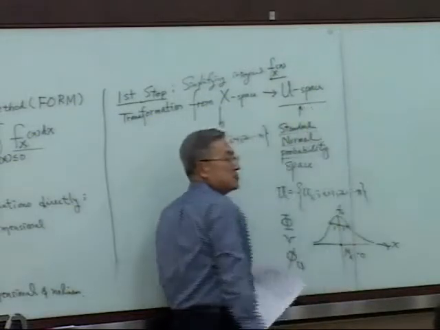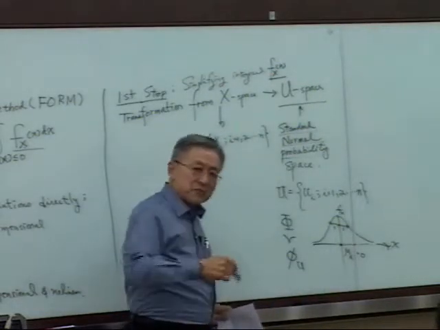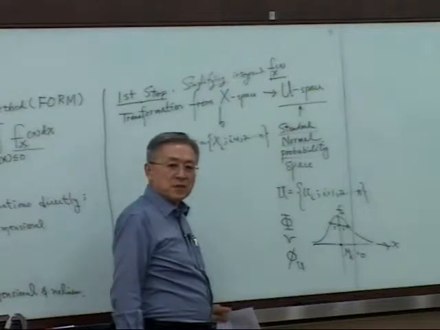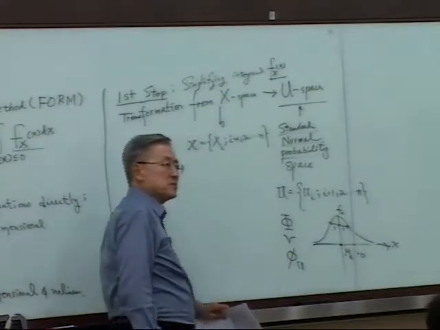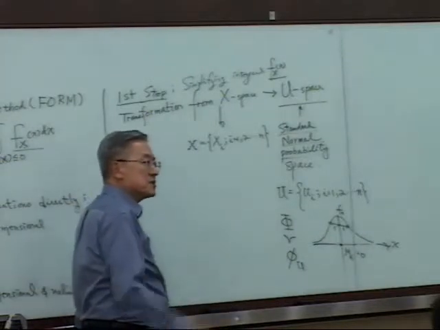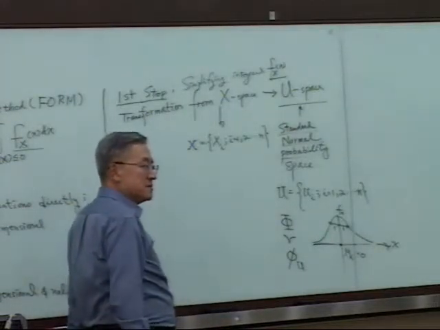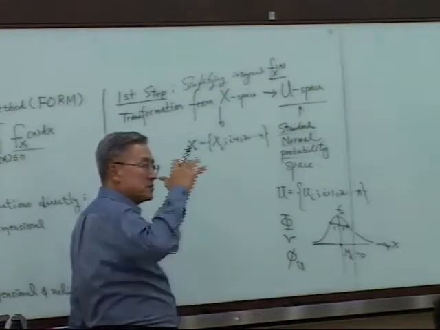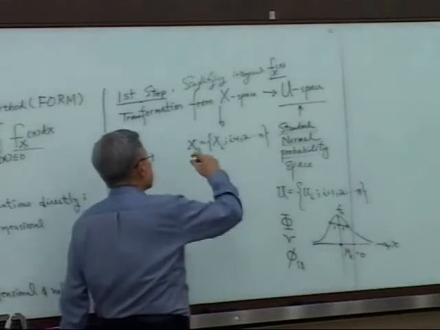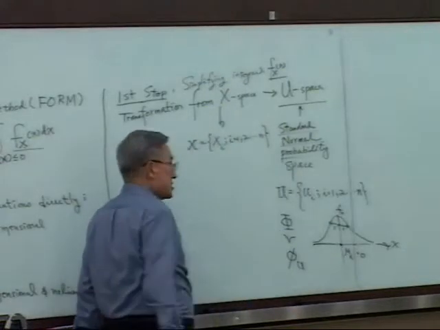This is an integrand: integration of a multidimensional probability density function. So how are we going to simplify it? In simplifying the integrand, the first idea that comes is transformation.